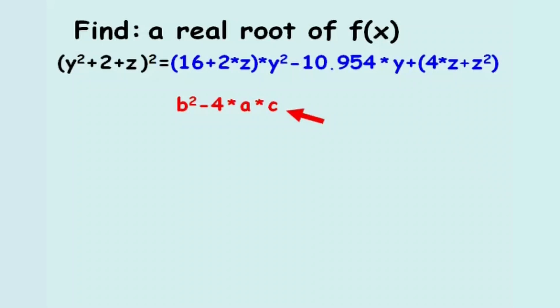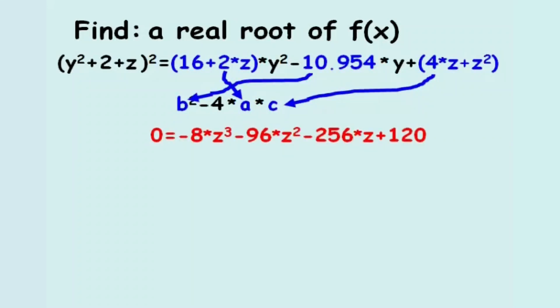After plugging in a, b, and c from the quadratic equation, our resulting equation is 0 equals minus 8z cubed minus 96z squared minus 256z plus 120. Now we have a third degree polynomial to solve.